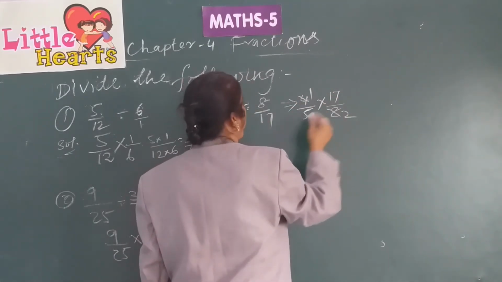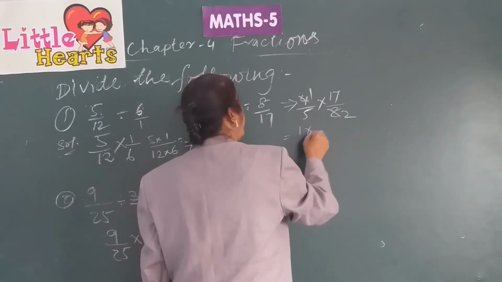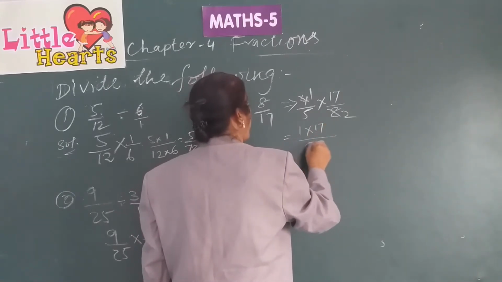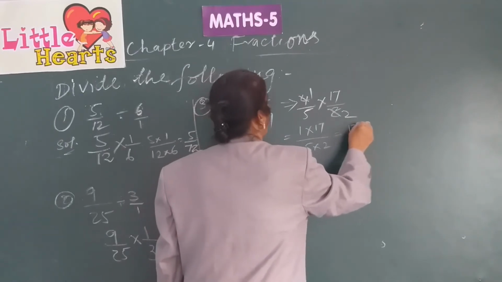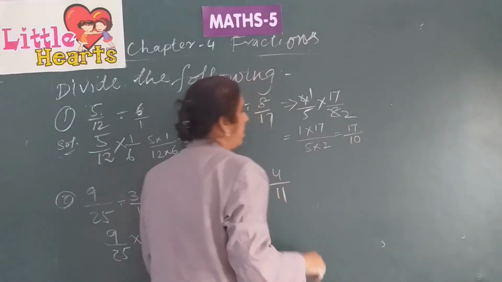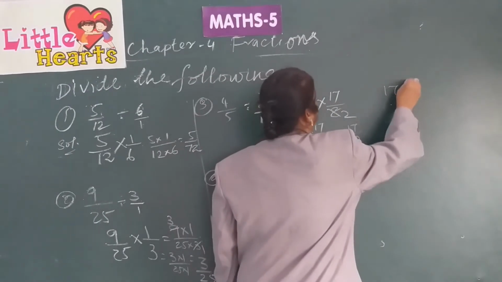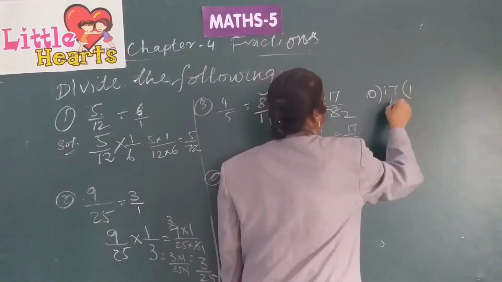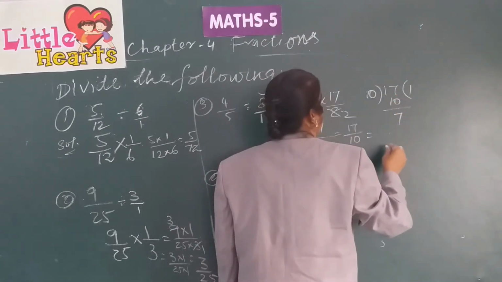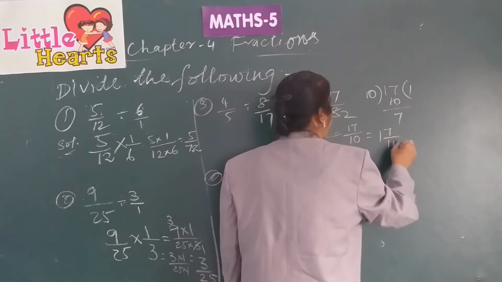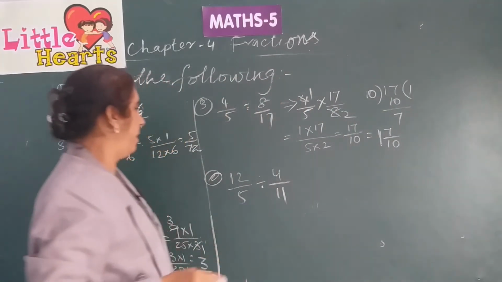And 17 and 5 we can't. So 1 into 17 by 5 into 2. 17 by 10 is the answer, and change it into improper. 10 ones are 10, 7. So 1 7 by 10 is the answer for this.